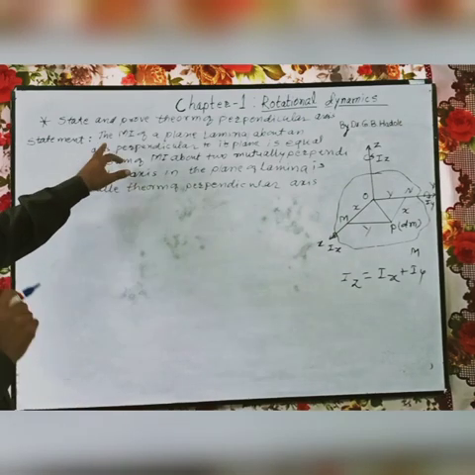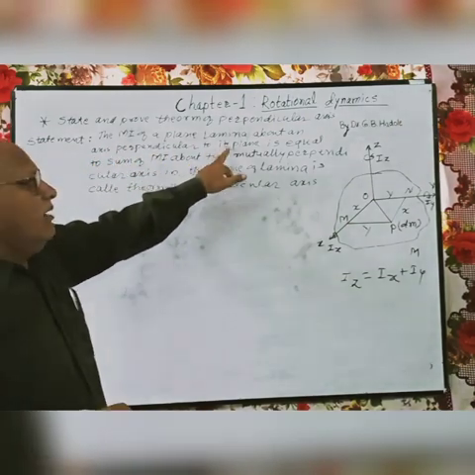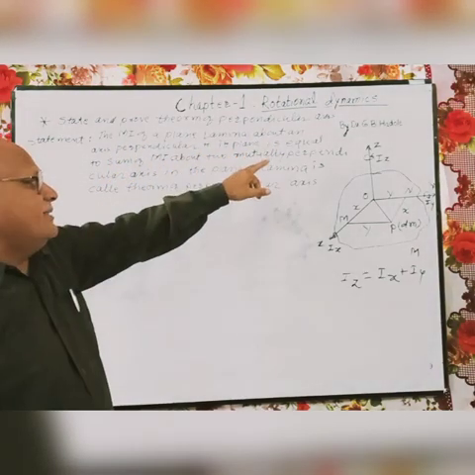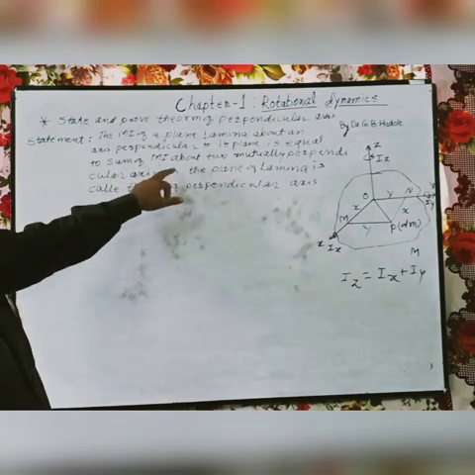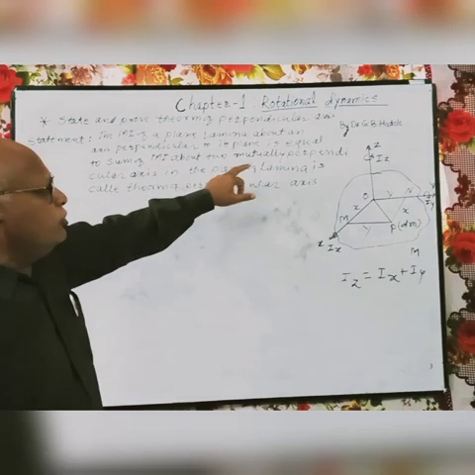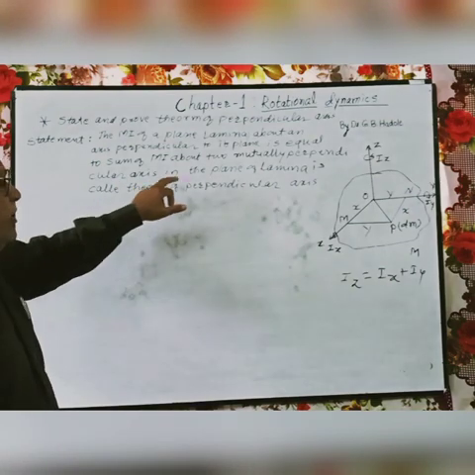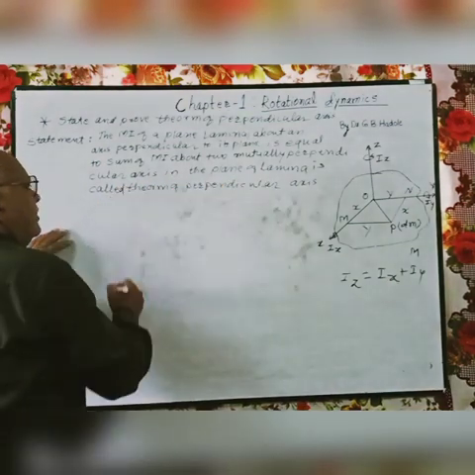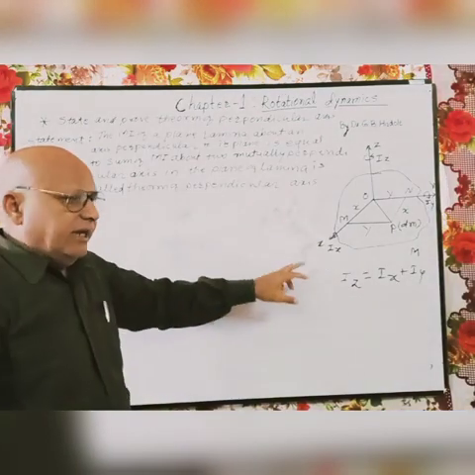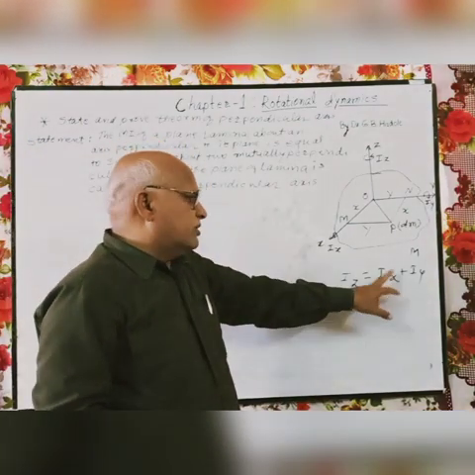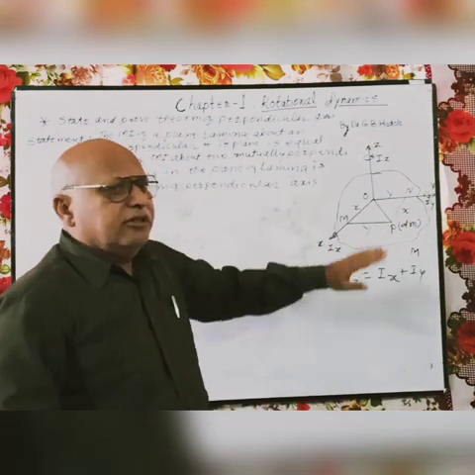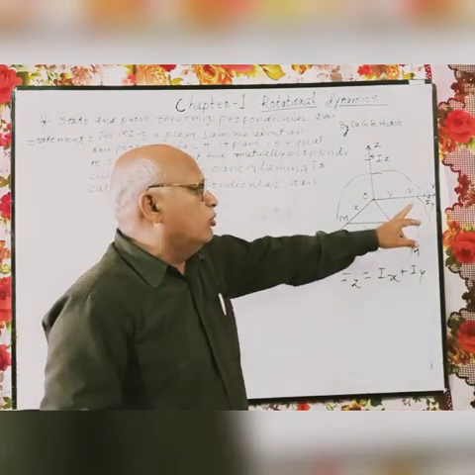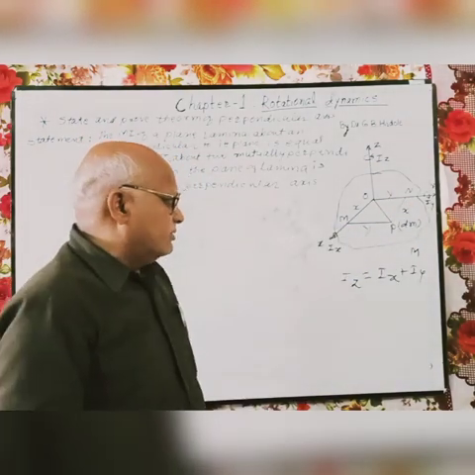What does it state? The moment of inertia of a plane lamina about an axis perpendicular to its plane is equal to the sum of moments of inertia about two mutually perpendicular axes in the plane lamina. Here this x-axis and y-axis are in the plane of the lamina. Ix and Iy are the moments of inertia about two mutually perpendicular axes.